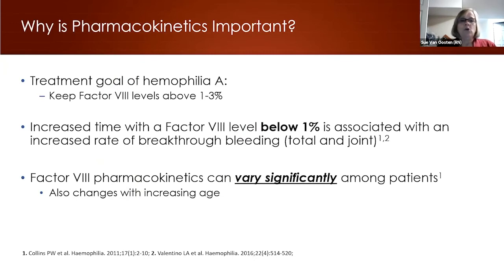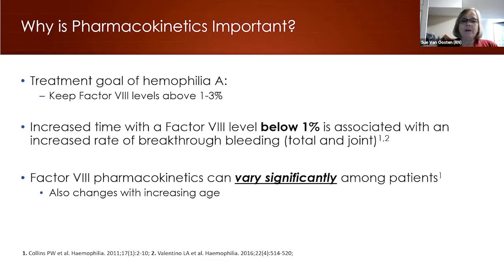So why is pharmacokinetics important? Because we know that if we can keep the factor VIII level above 1 to 3%, then there is a decreased incidence of joint bleeding. So the longer we can keep it above that value, the better a severe hemophiliac patient is going to do.